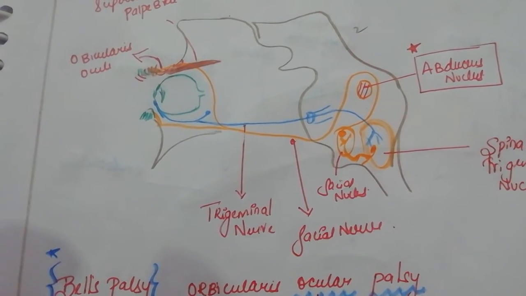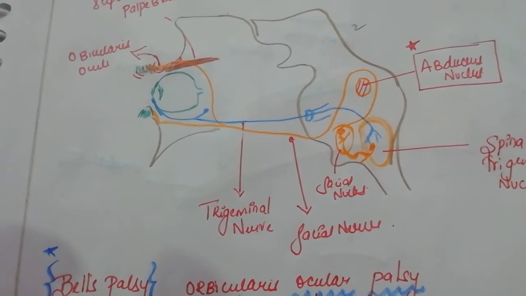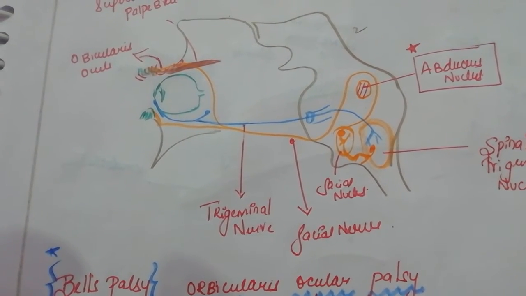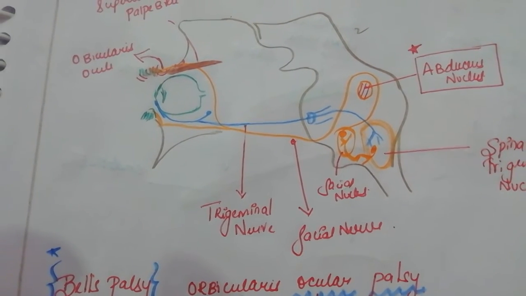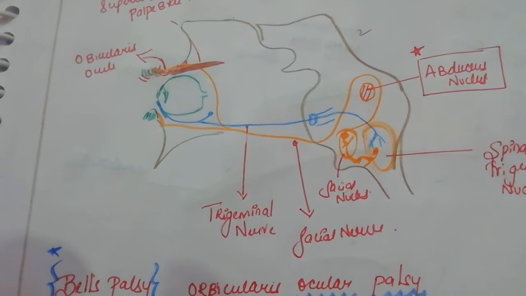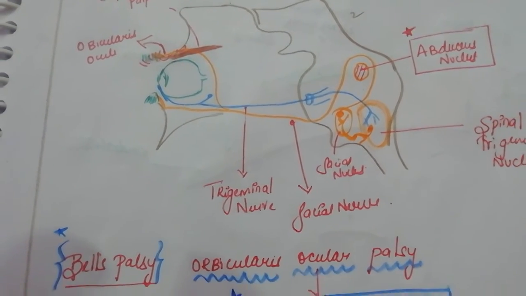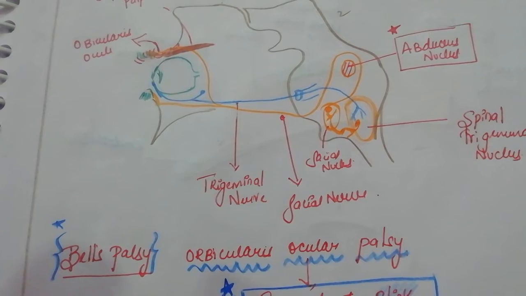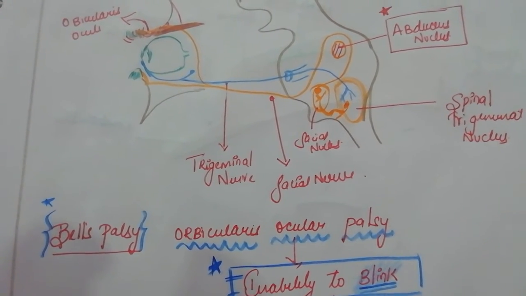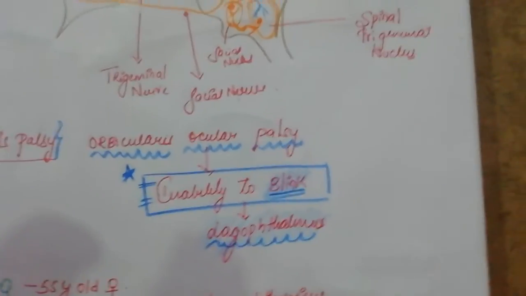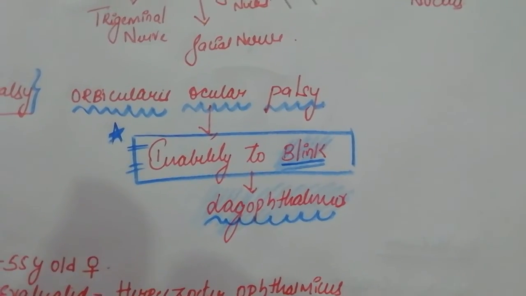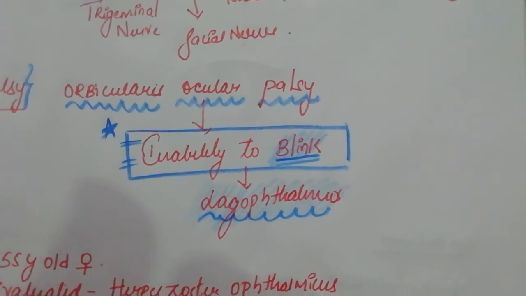Since there is paralysis of the orbicularis oculi, there is no blinking, that means there are reduced eye blinks. Once there are decreased eye blinks, the lids take time to blink, so there is a lag in blinking, and we call that lag ophthalmos.